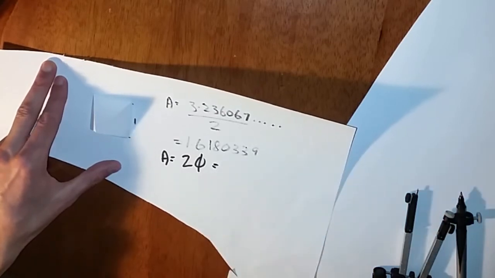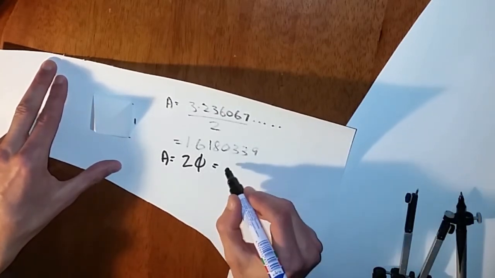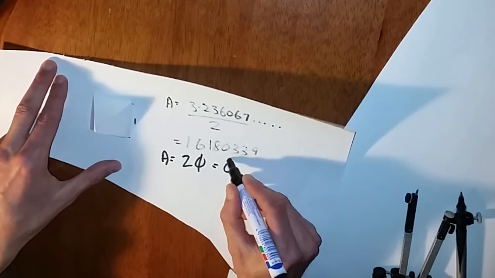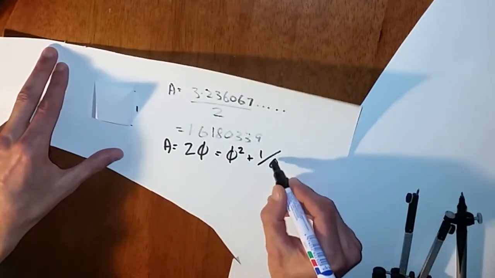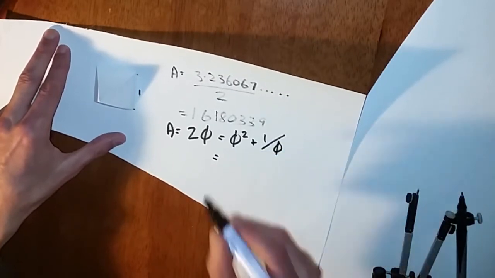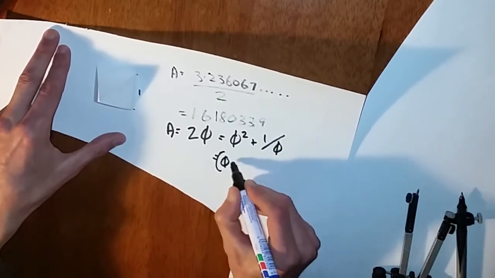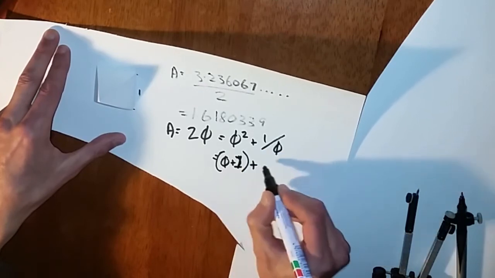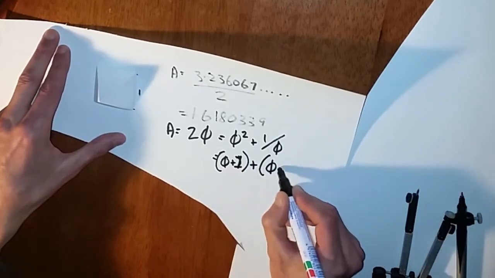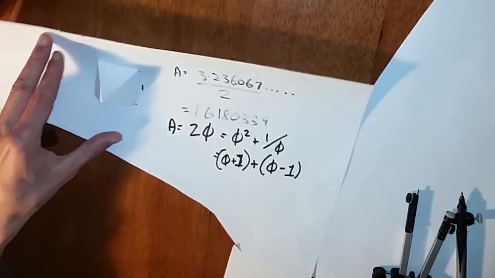Nice thing about that also is that it's equal to phi squared plus 1 over phi, which is equal to phi plus 1 plus phi minus 1.